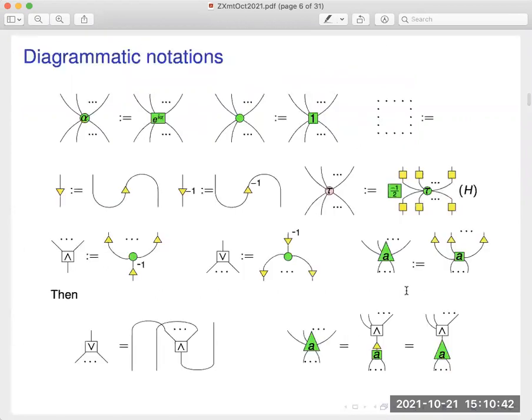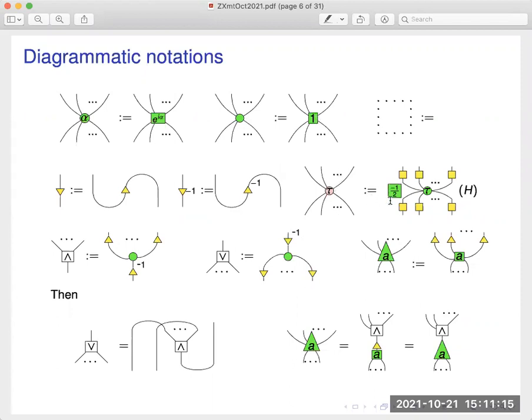The original spider is just the green spider labeled by e to the i alpha, and the phase-free spider is just the green spider labeled by 1. This is the empty diagram, this is the transpose of the triangle, and this is the inverse of the triangle. And this is the red spider, which can be defined with phases 0 and pi.